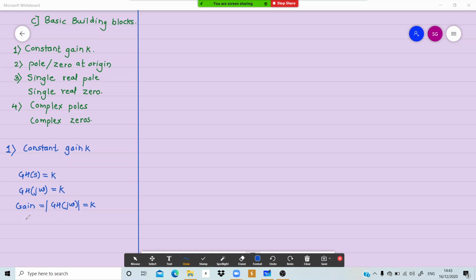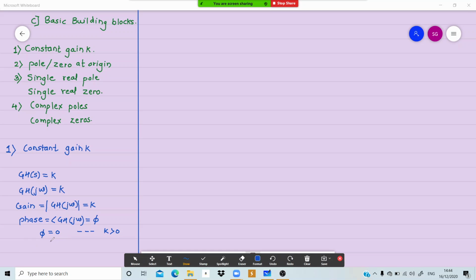And if you are having phase, now if this is positive, what is going to happen? And if this thing is negative before taking the mod, you may have this K to be negative. In that case, what you are supposed to do, I'll tell you. Phase, that means you are talking about angle of GH of J omega. Now this angle, if I'm saying phi, this phi will be equal to 0 if K is greater than 0, that means it is positive.